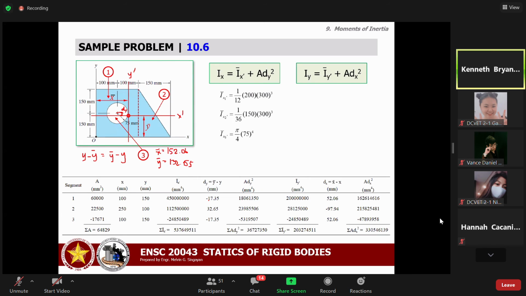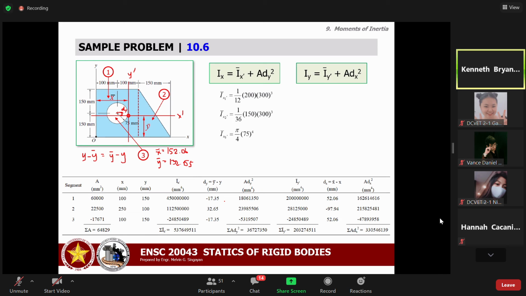So it doesn't matter kasi pagdating naman dito sa next column, it's the product of area times dy squared. So since i-compare mo naman yung dy, it doesn't matter kung positive or negative siya kasi ang magiging result mo pa rin naman, positive. Okay?